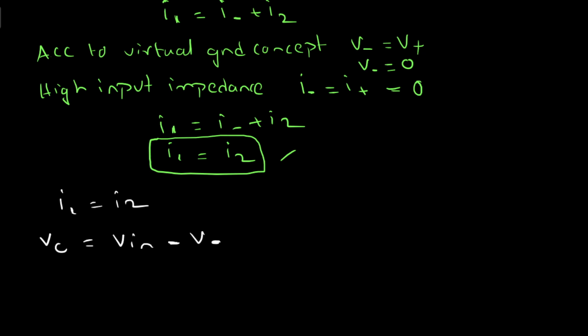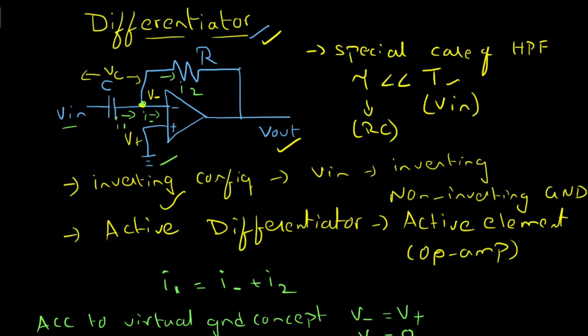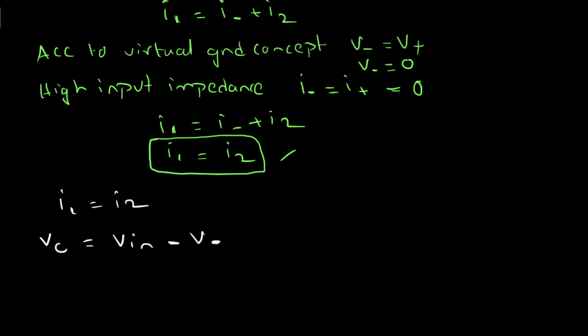Vc is nothing but the voltage difference between the input voltage Vin and the inverting terminal voltage. Already we know that according to the virtual ground concept, V minus equals 0. So Vc equals Vin.